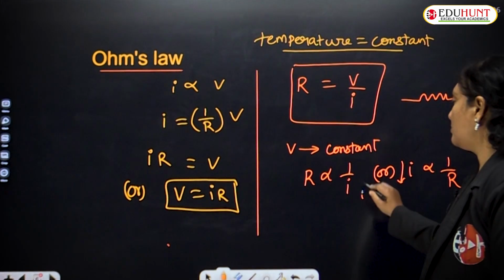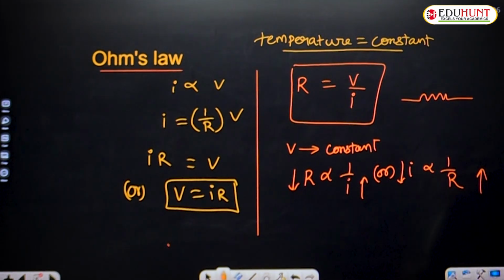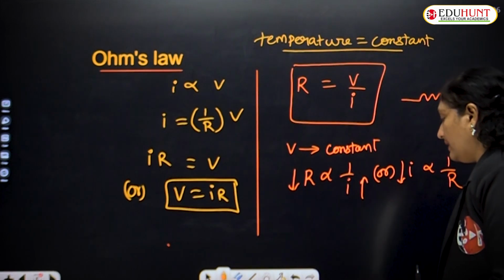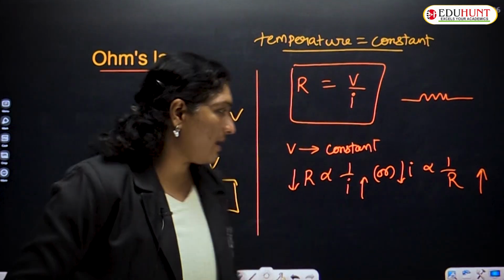Or as the amount of current increases, the resistance across the conductor decreases. So the larger the current, the lesser the resistance to the flow of current. You can also plot a graph.